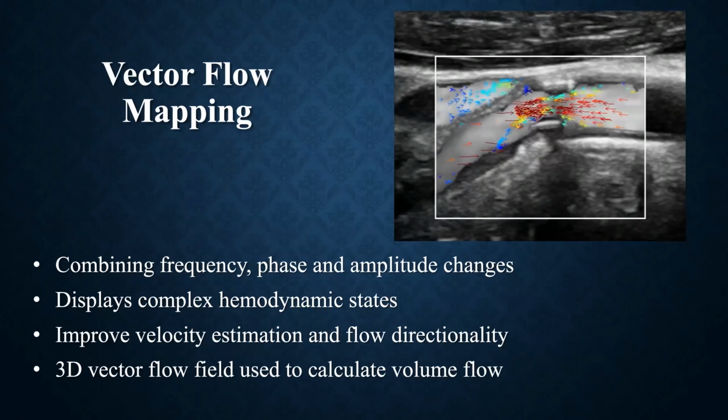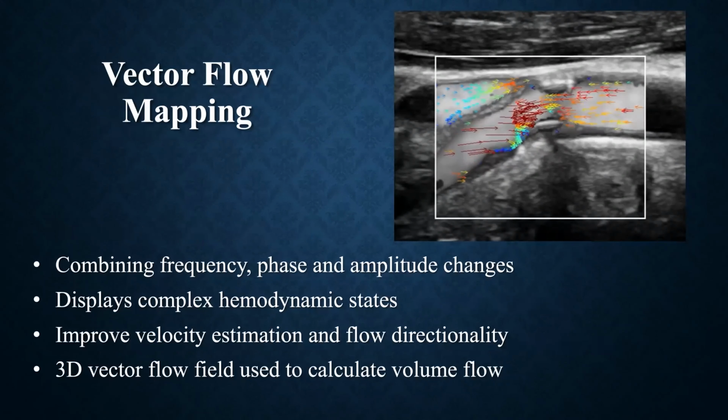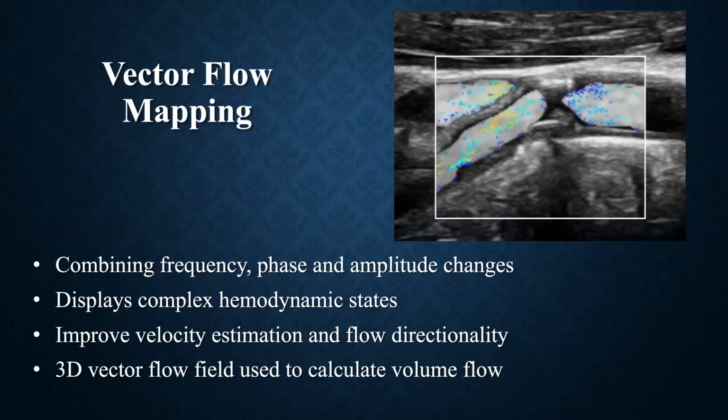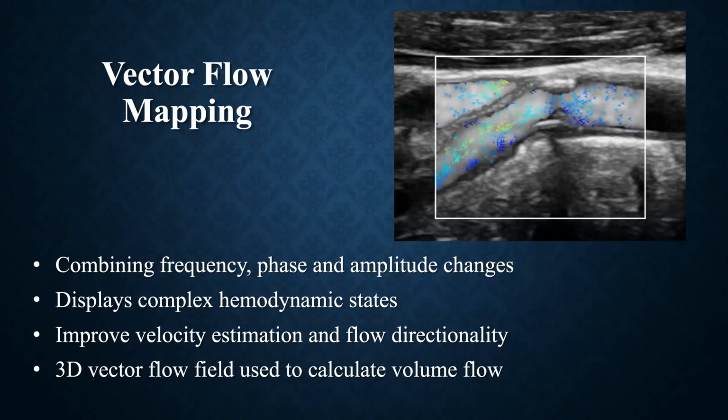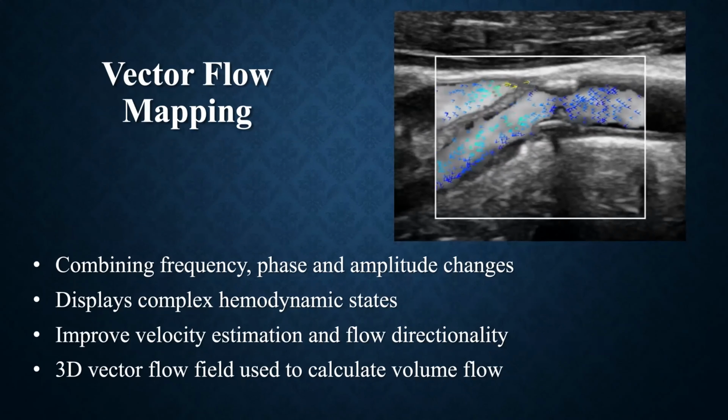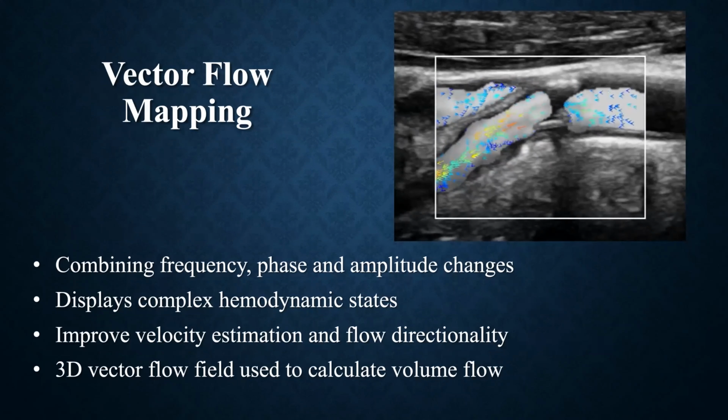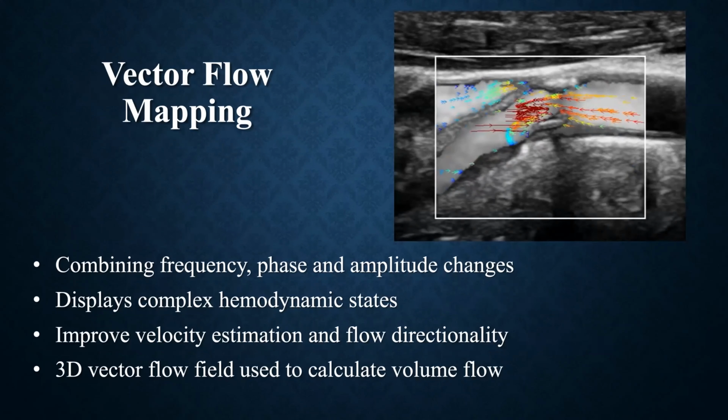Another relatively new technique is vector flow mapping. And as you see here, we can pretty easily track the movement of red blood cells. And as you can see, as we move across the stenosis, how the red blood cells change direction and velocity. This technique combines frequency, phase, and amplitude changes to be able to display pretty complex hemodynamic states.